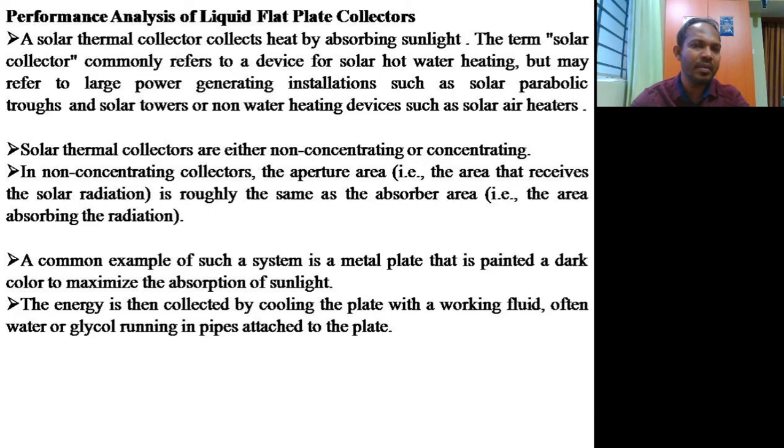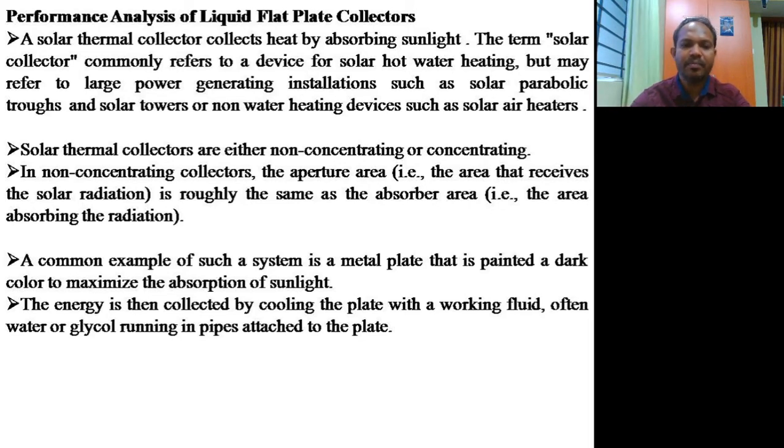Beam radiations reach the surface without any scattering, deviation, or reflection, and the diffuse radiations reach the surface after scattering and deviation in the path because of various factors present in the atmosphere, maybe water particles, dust, or pollution. It all happens. So the beauty of flat plate collectors is that they take both beam and diffuse radiations. That is a major advantage.